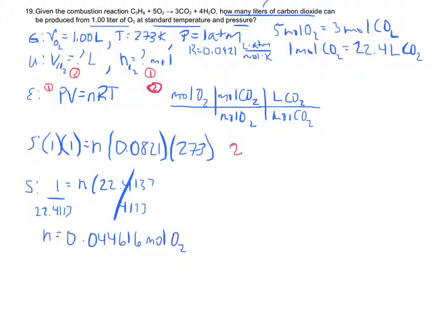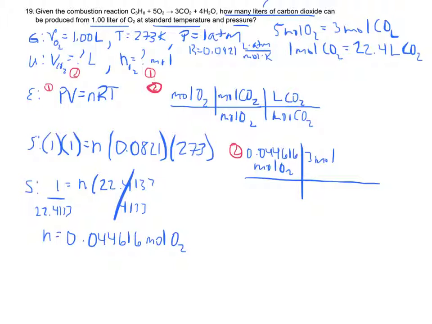All right, so at this point now we can do our second step for our solution, which is plugging into our conversion statement here, or doing our stoichiometry. So that means that we have 0.044616 moles of O2, and then we use our first equivalent statement, the mole to mole ratio. So 3 moles of carbon dioxide is equal to 5 moles of oxygen.